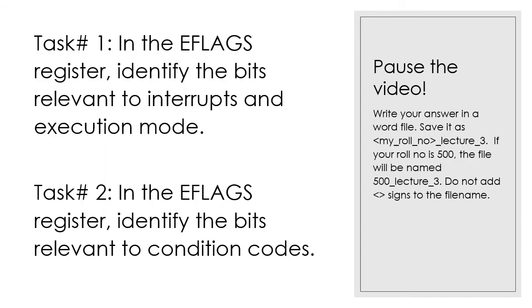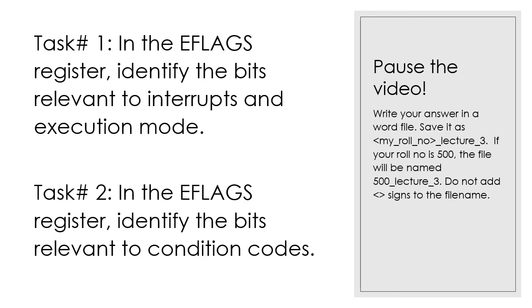Now students, open a Word file, save it as my roll number underscore lecture underscore 3, pause the video and try to write the answers to these tasks. Task number 1. In the EFLAGS register, identify the bits relevant to interrupts and execution mode.